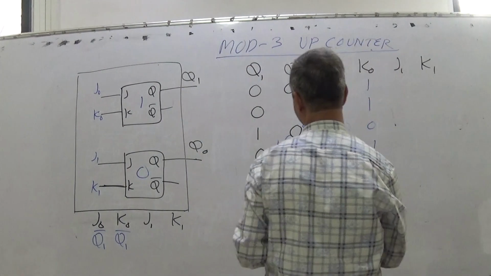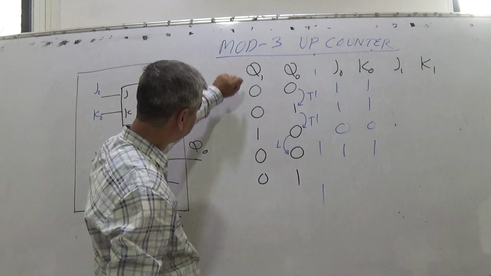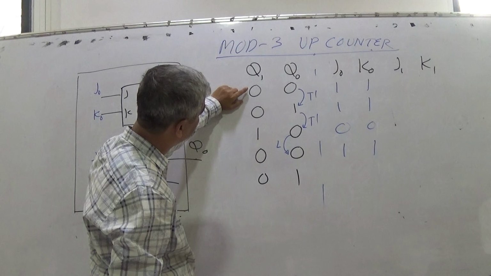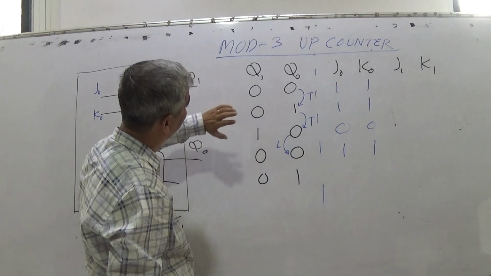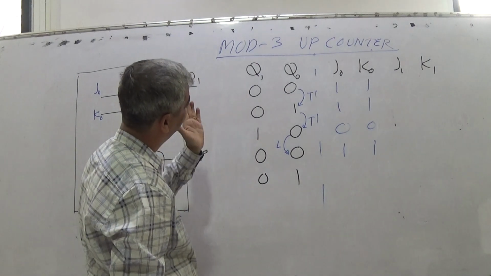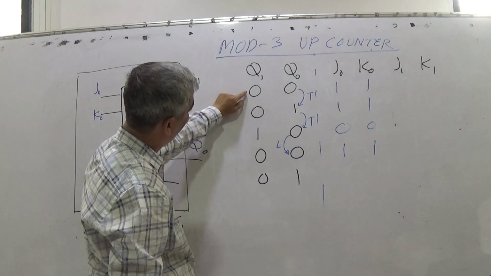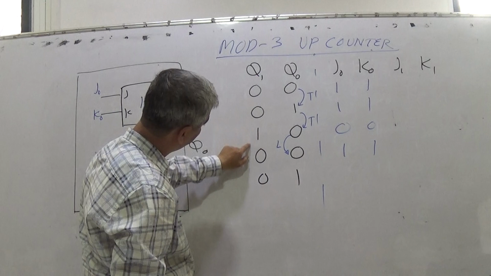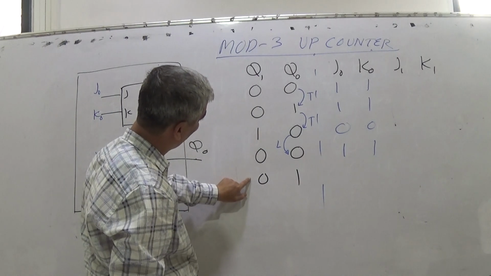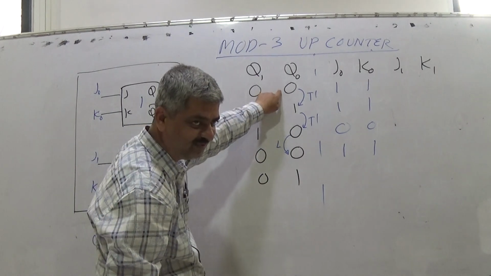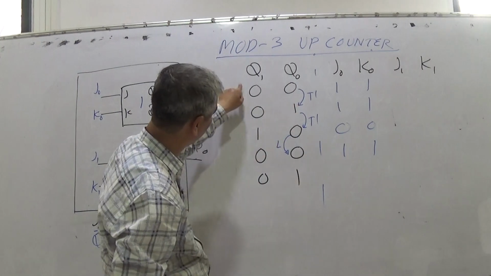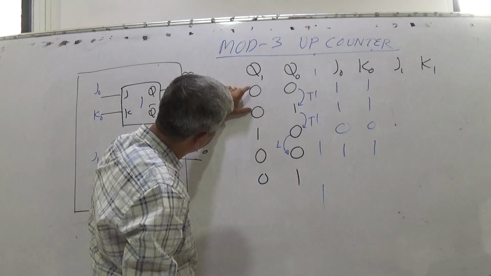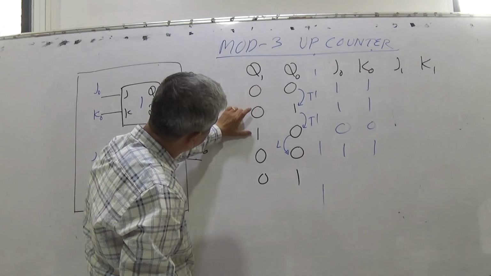Now how is Q1 changing? So again you look at, for travel of Q1 you keep a close watch at Q0. For travel of Q0 you keep a close watch at Q1. So Q1 toggles.